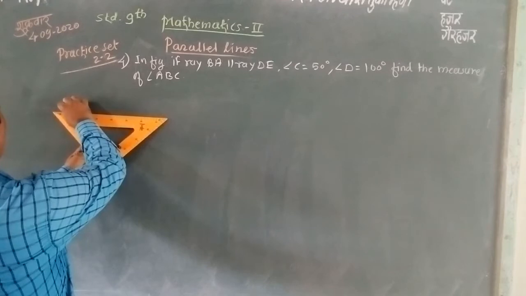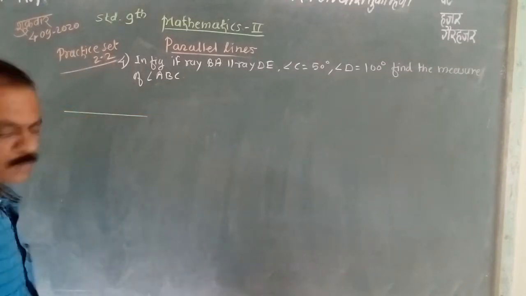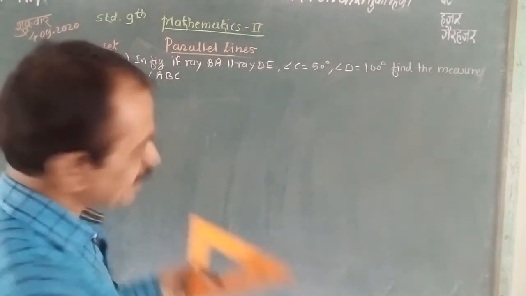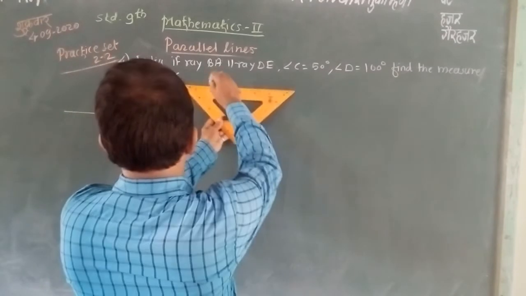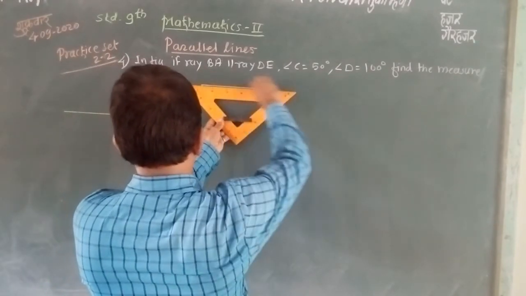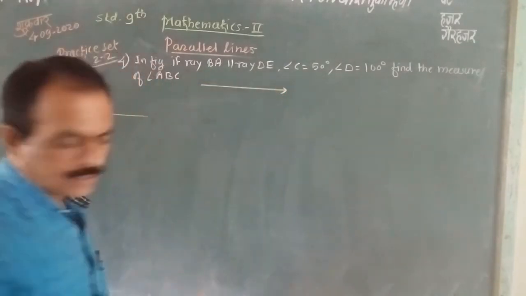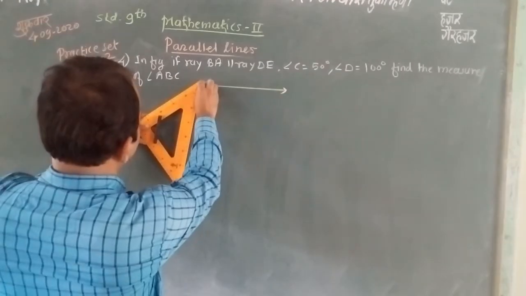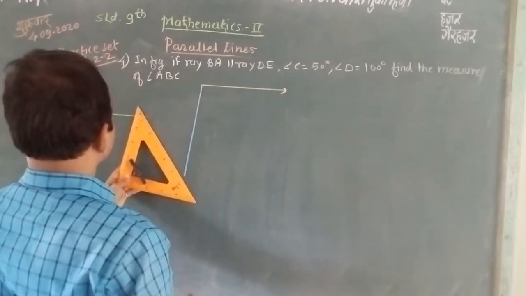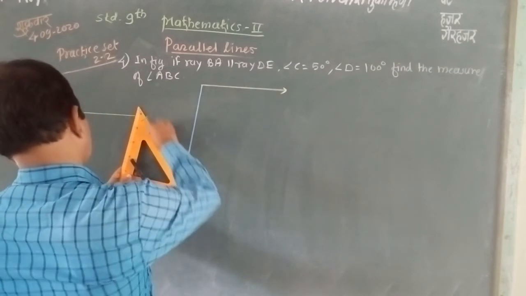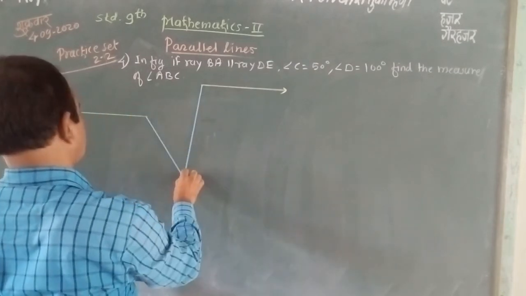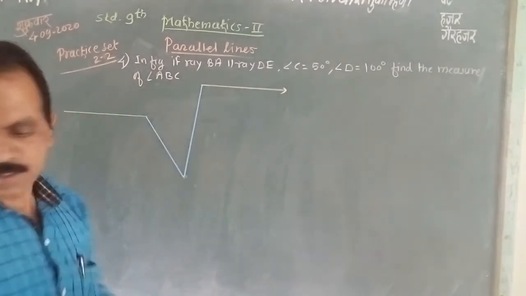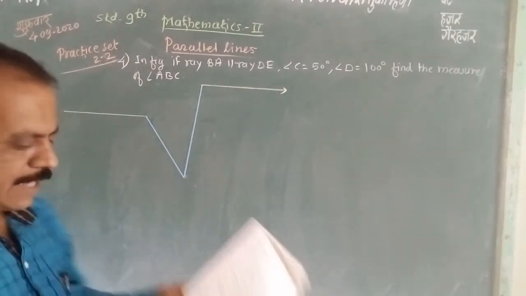Here this is the first line. Then draw another line which is parallel to the given line, like this. Then these two lines are joined in such a way, and give the measures like this.